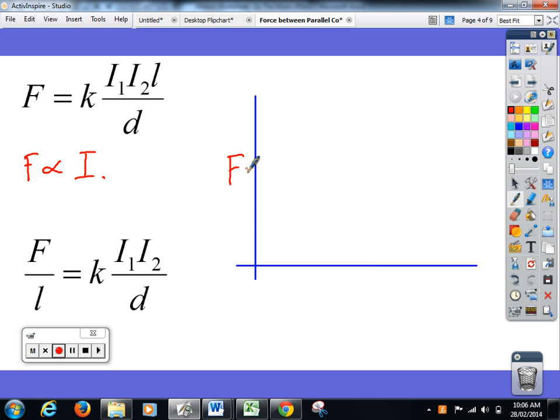Force still here. This time we have the length of the conductor on that. And because F is still proportional to L, it's a direct proportionality, we would once again get a straight line. Okay? Are we okay with that one?